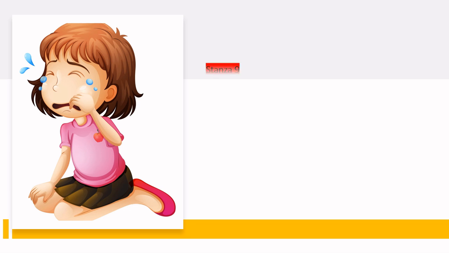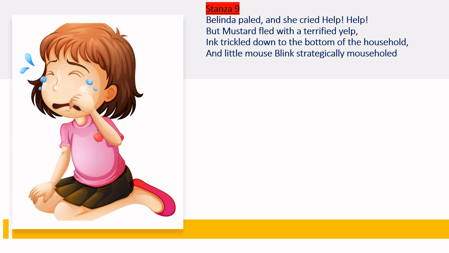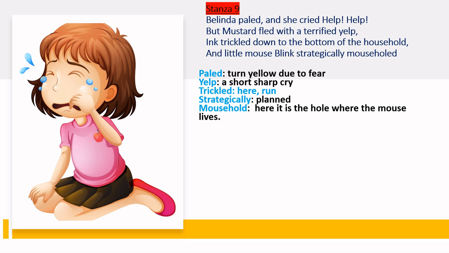Now moving to the next stanza. Here Belinda paled and she cried, "Help, help!" But Mustard fled with a terrified yelp. Ink trickled down to the bottom of the household, and little mouse Blink is strategically in his mousehold. Now you see some words here. Paled here means turned yellow due to fear.